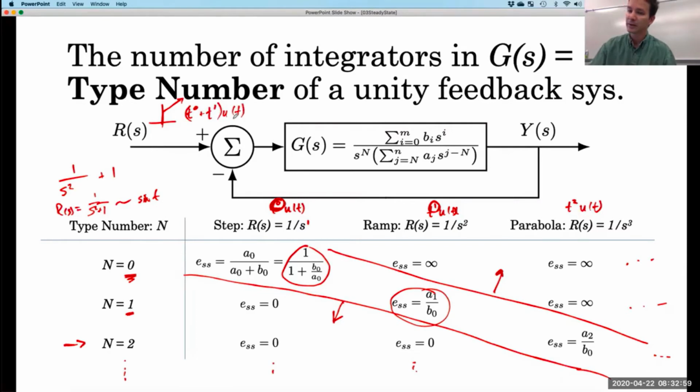Then you would get some error due to the step, some error due to the ramp, and the total error you would sum, because this is an LTI system and it obeys superposition. So again, it does appear to have limited use, but as long as you know that you can take linear combinations of these input types, that allows you to model various input signals as sums of polynomials.